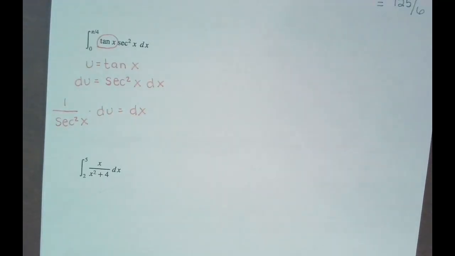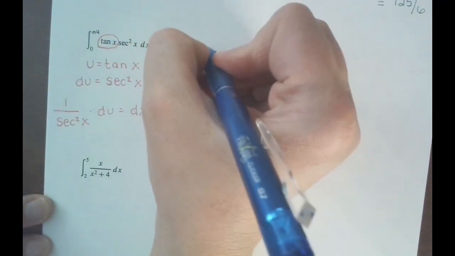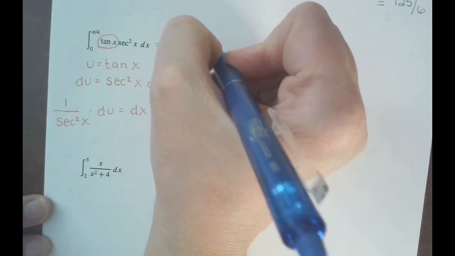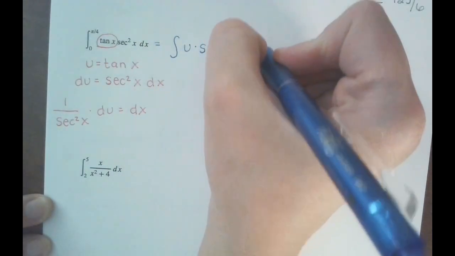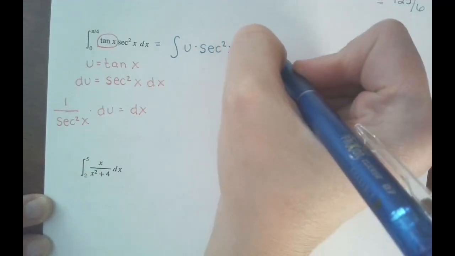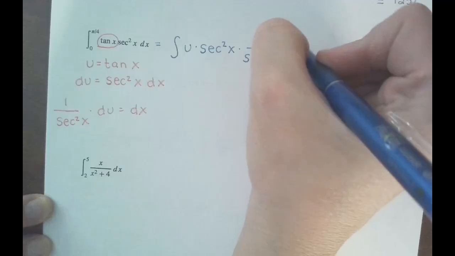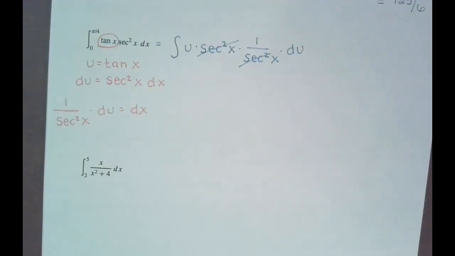And now it's time to rewrite my integral. So my tangent of x is now u, and then I have a secant squared. And then I'm going to multiply by 1 over secant squared. Well, that's convenient. Times du. I can see right now my secant squareds are going to go away.